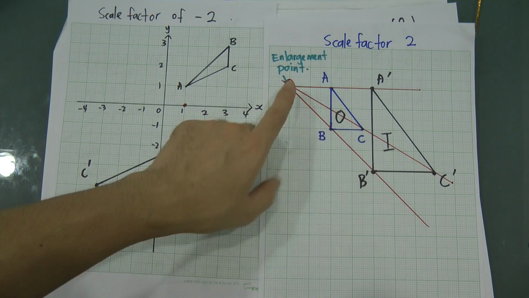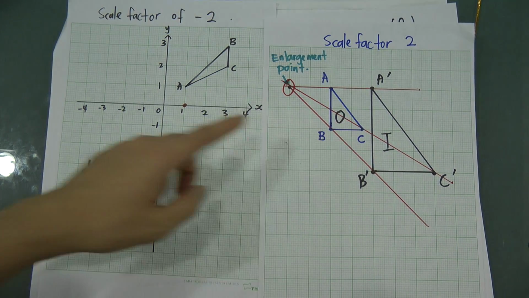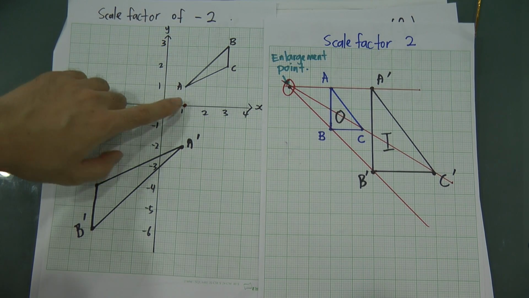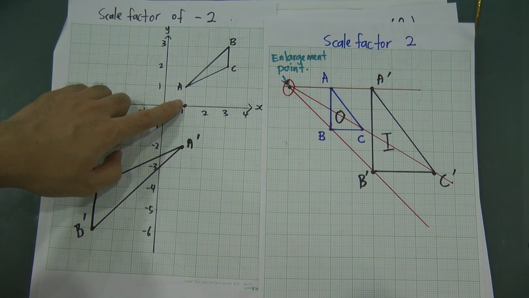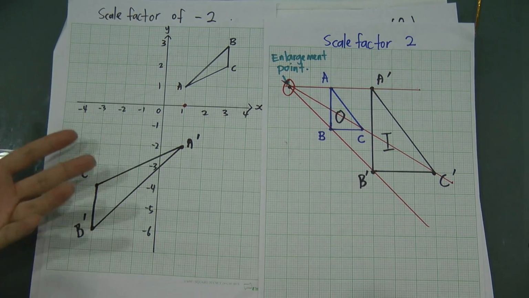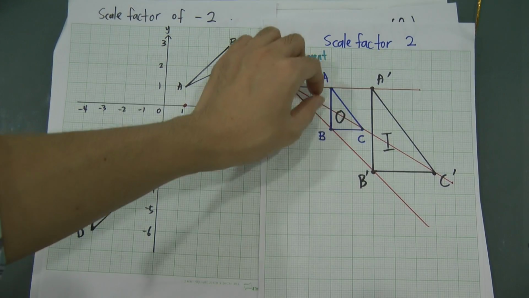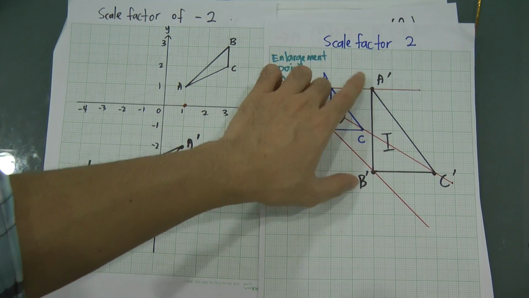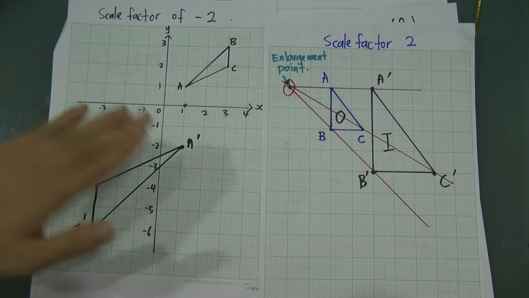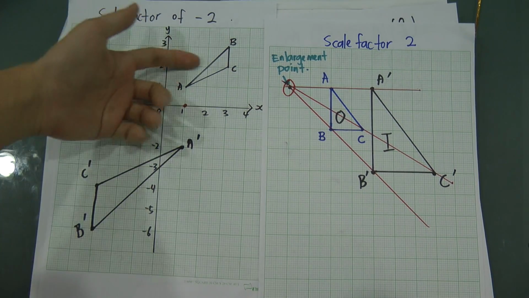But then here the enlargement point is in the middle. Most of the time, when the scale factor is negative, the enlargement point is in the middle, and you can see the shape actually turns the pattern. Compared to this one, it just becomes bigger, but the pattern is still the same. But this one definitely changed, like flipped over the pattern.